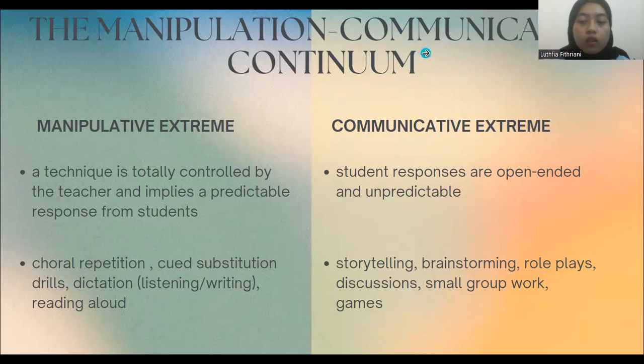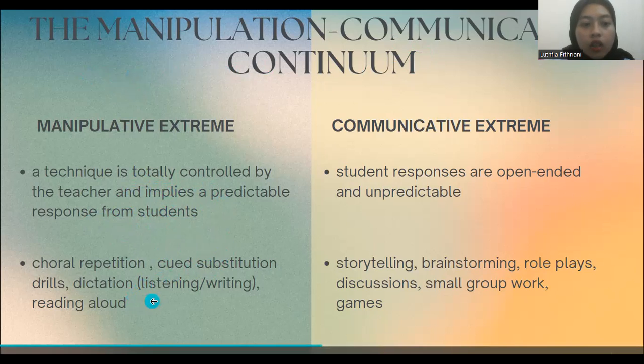What is the difference? Manipulative extreme is a technique that is totally controlled by the teacher and implies a predictable response for the student. For example, choral repetition, cue substitution drills, dictation, and reading aloud.